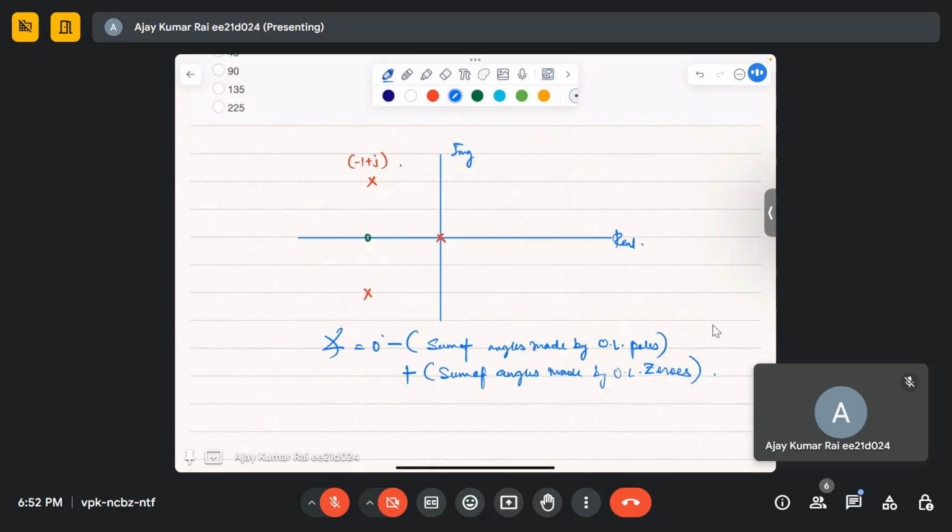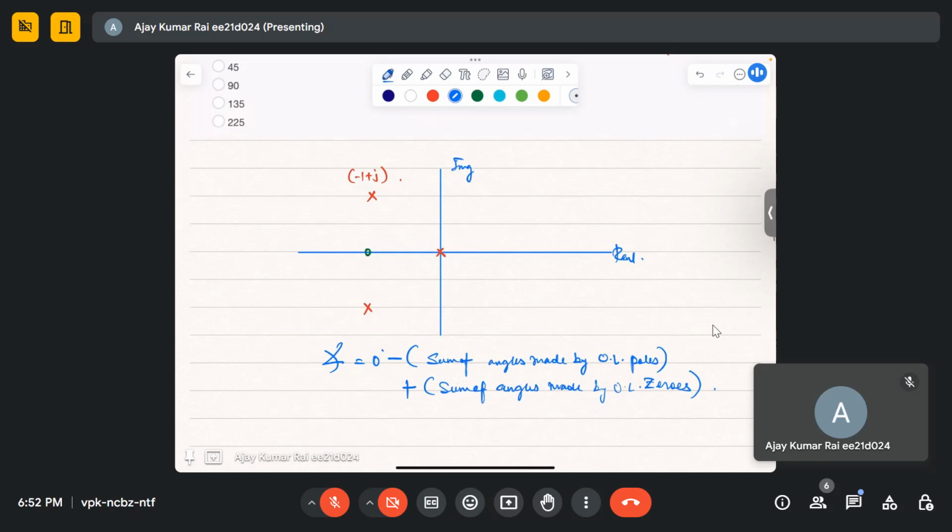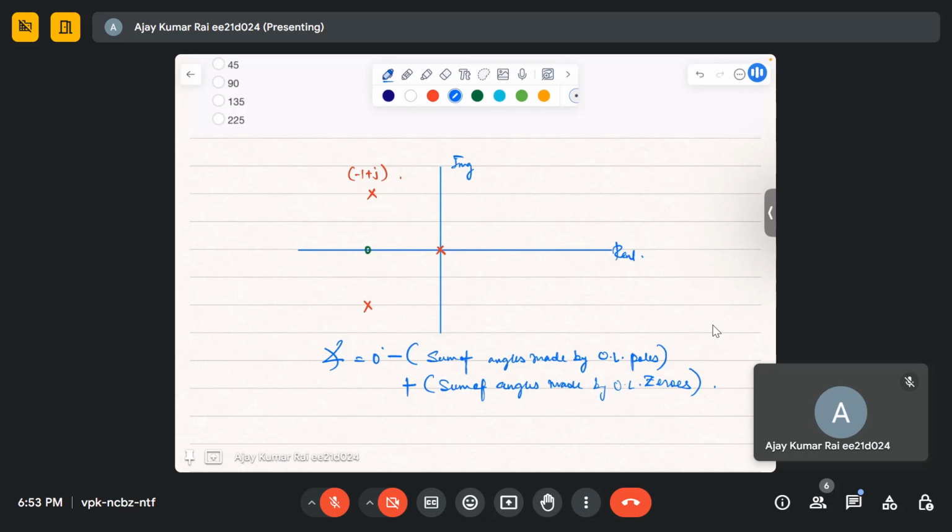So let's first calculate the angles made by the open loop poles. We have two poles. I consider this as p1, this is p2 and p3, according to the question. So let's calculate the angle made by p3 at point p1. I have to calculate this angle.